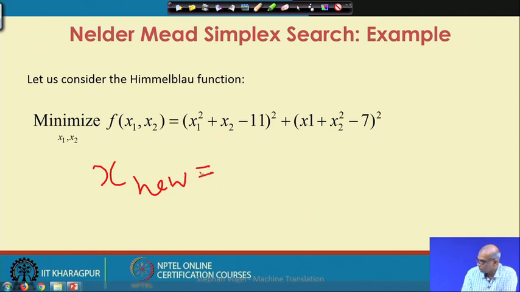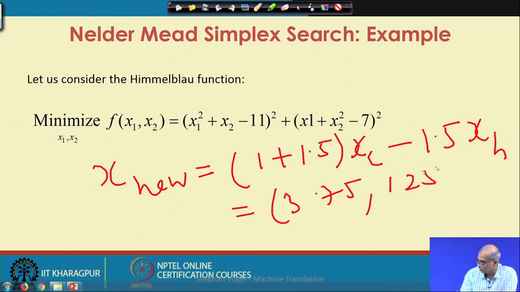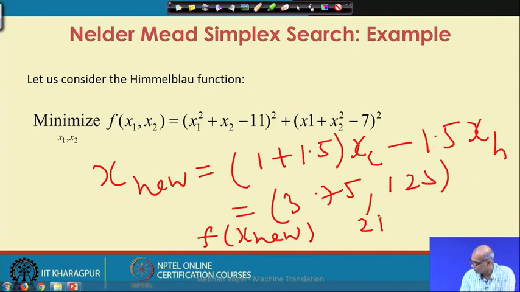I get x new as 1 plus 1.5 is the gamma, times x h. If you do that, you will get (3.75, 1.25). The function value here is 21.4.